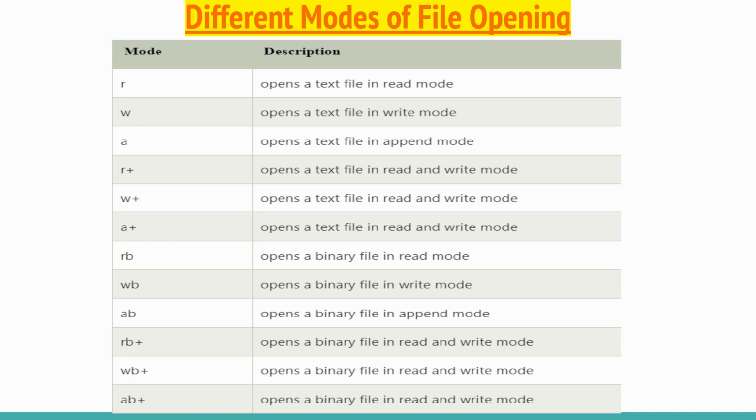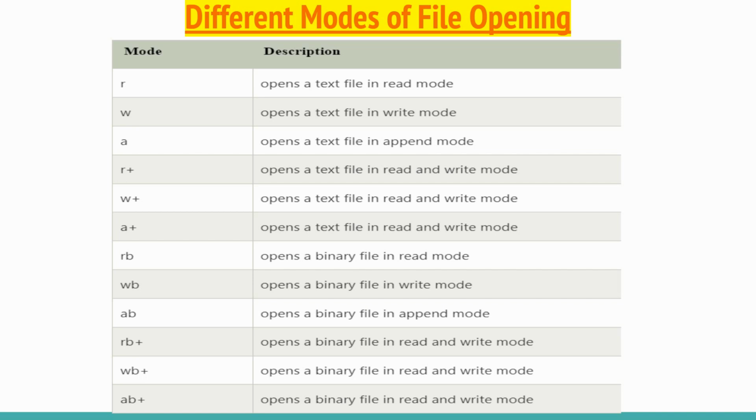But if you want to do any modification to the file, you need to open the file in W mode, that is write mode. So whenever you open a file in the W mode, you can modify the contents, and whatever new content you write, it will erase the old content. Third mode is append mode.